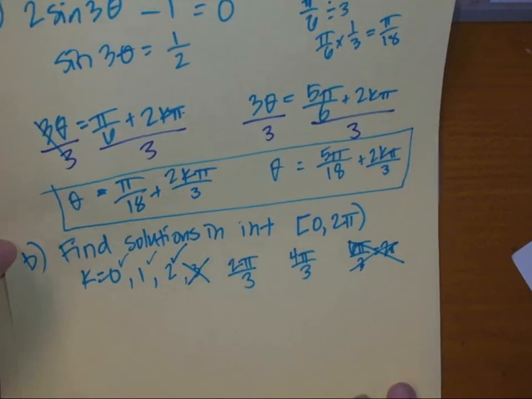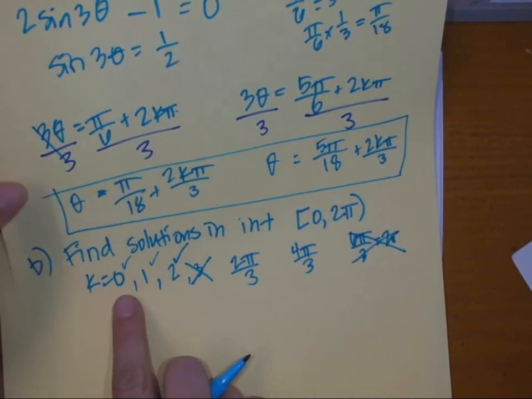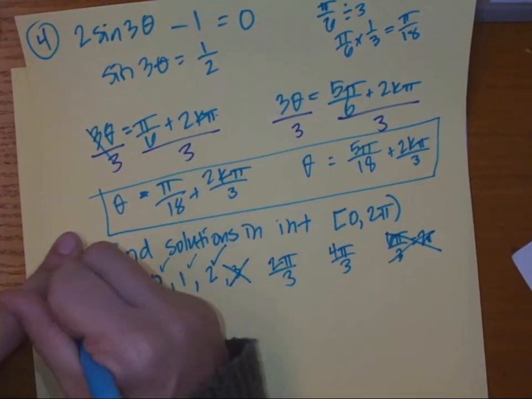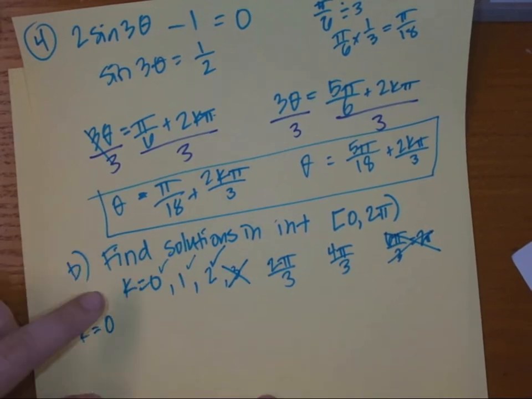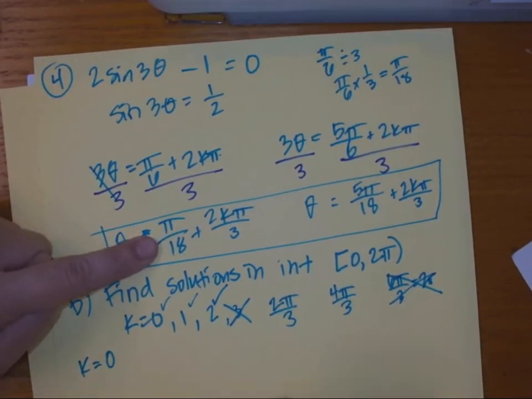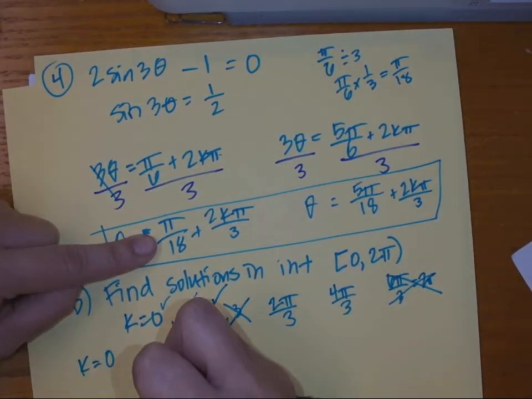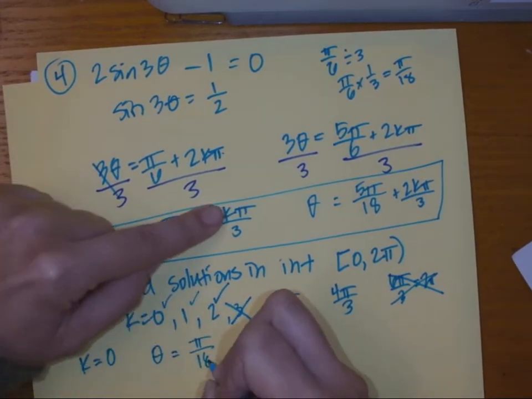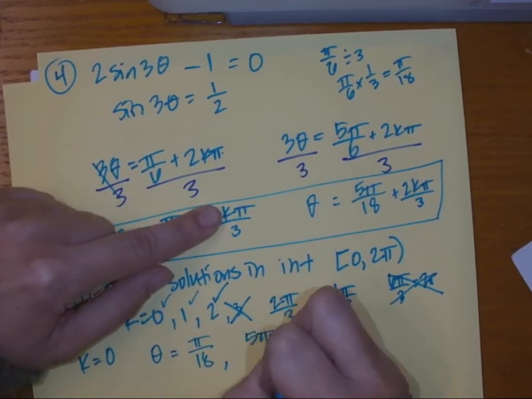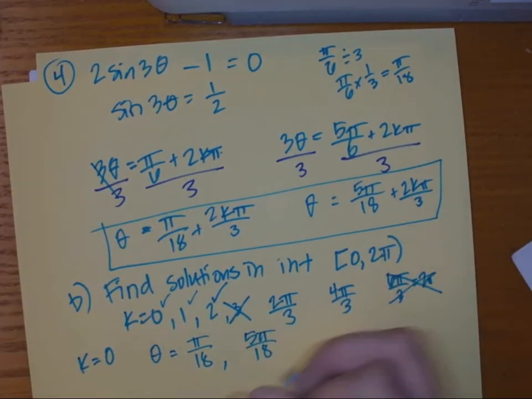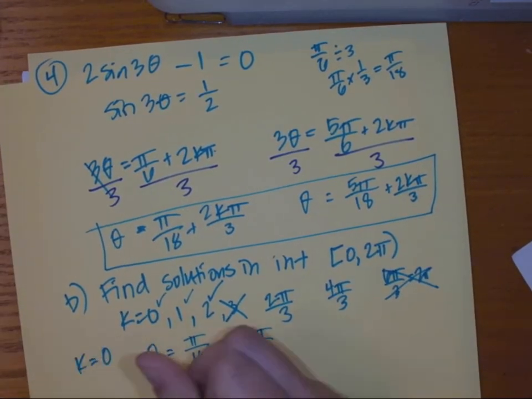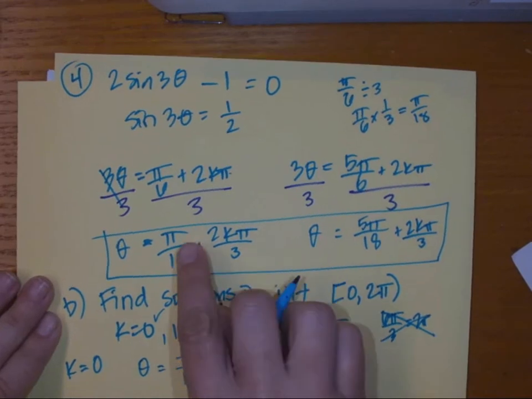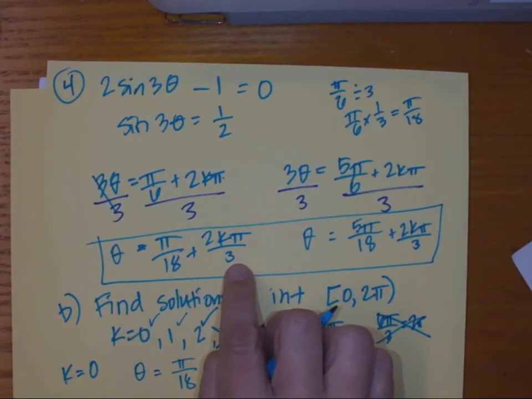Okay, so when you plug that in, when k equals 0, 1, and 2, let's start off with k equals 0. K equals 0, this would be just pi over 18. So my answer would just be pi over 18, because I'm not adding anything, and 5 pi over 18, because I'm not adding anything there. When k equals 1, it's pi over 18 plus 2 pi over 3.